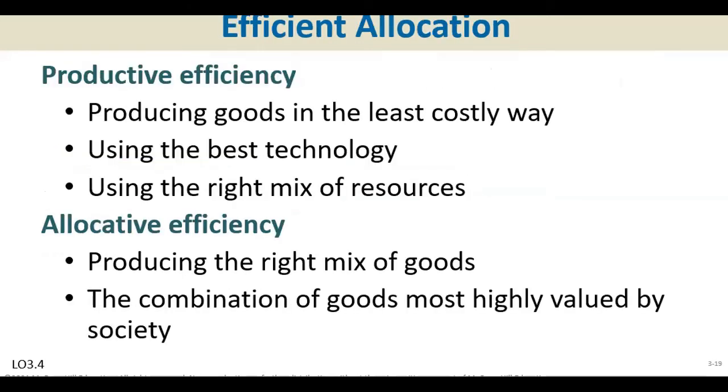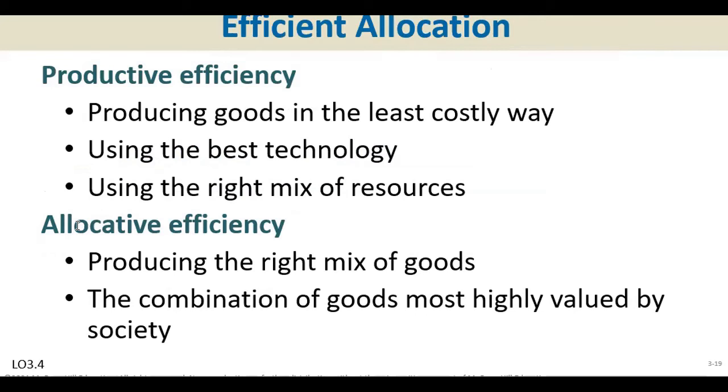Talking about efficient allocation of resources, we have two kinds, the first being productive efficiency. Productive efficiency pushes you to find a technology and an innovative idea to produce at least cost, so you can sell in a competitive market.